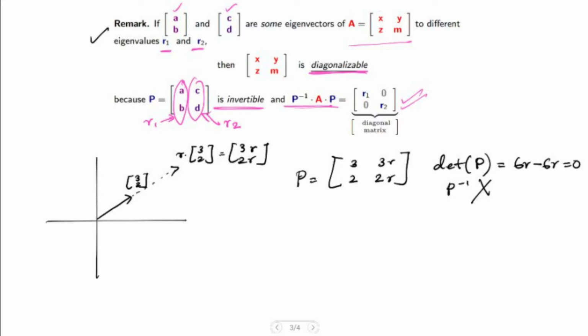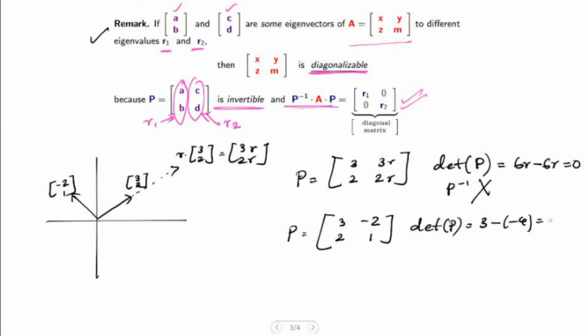So let's take another eigenvector here, and this one is (-2, 1). So now we have two different lines, two different eigenvectors to two different eigenvalues. In that case our P is (3, 2) and (-2, 1). So the determinant of P will be 3 times 1 is 3, minus 2 times minus 2 is 4, that's plus 4, which is equal to 7, and that is not equal to 0.